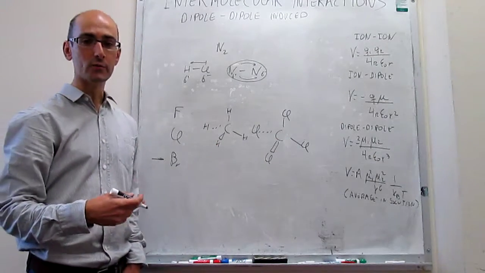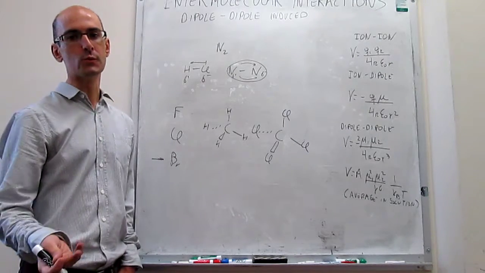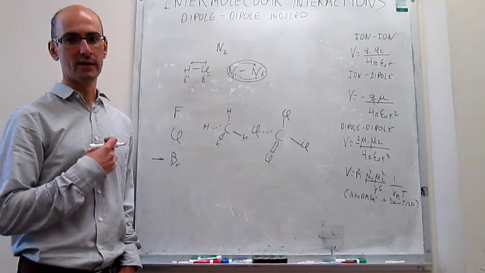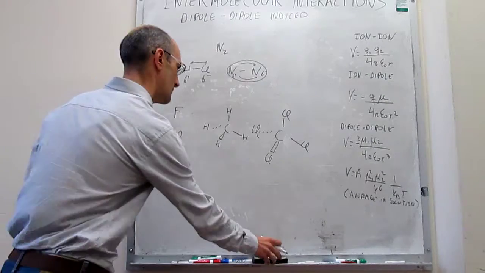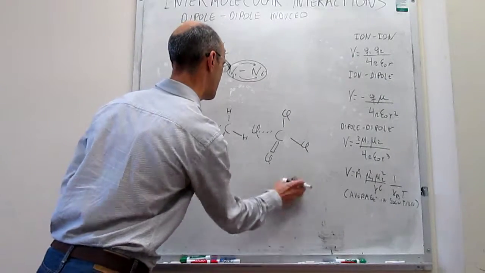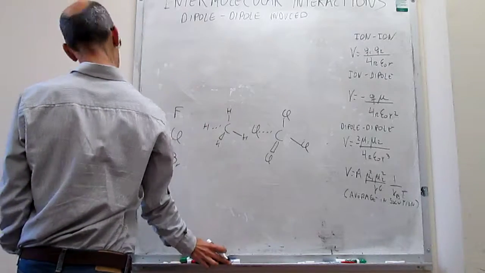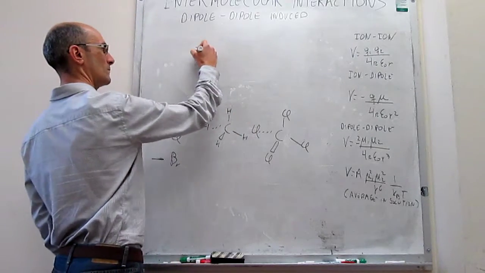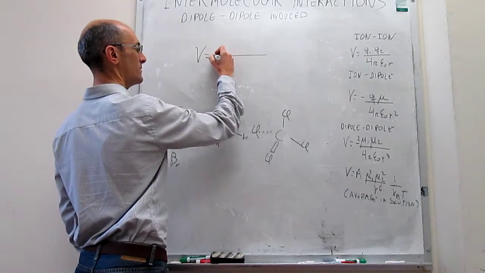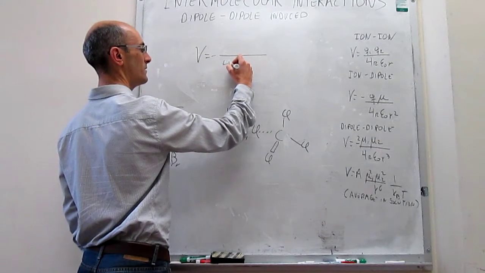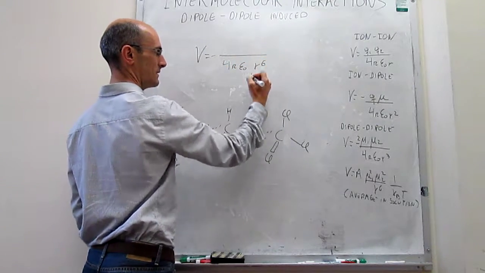With this, we're ready to see how the equation that captures this interaction between a dipole and an induced dipole works. The potential is going to be equal to something where what you have in the denominator is 4 pi epsilon naught and then r to the 6th.